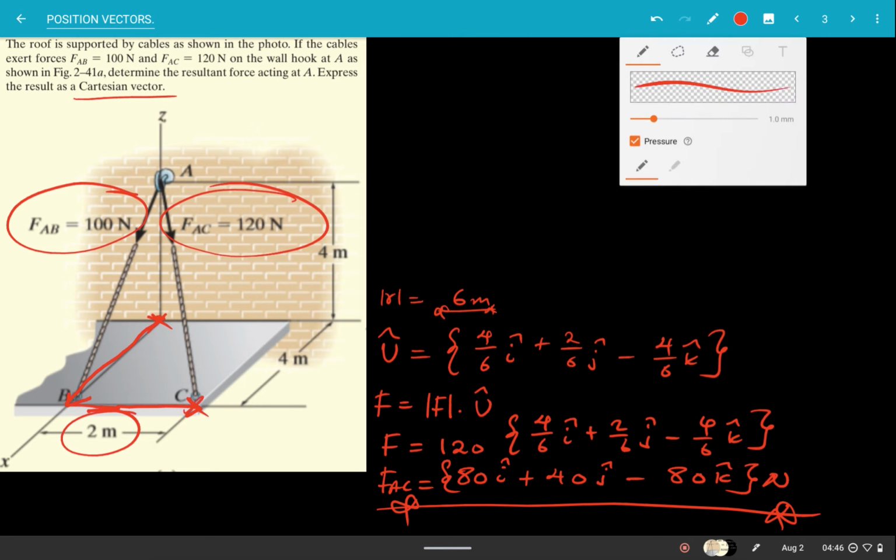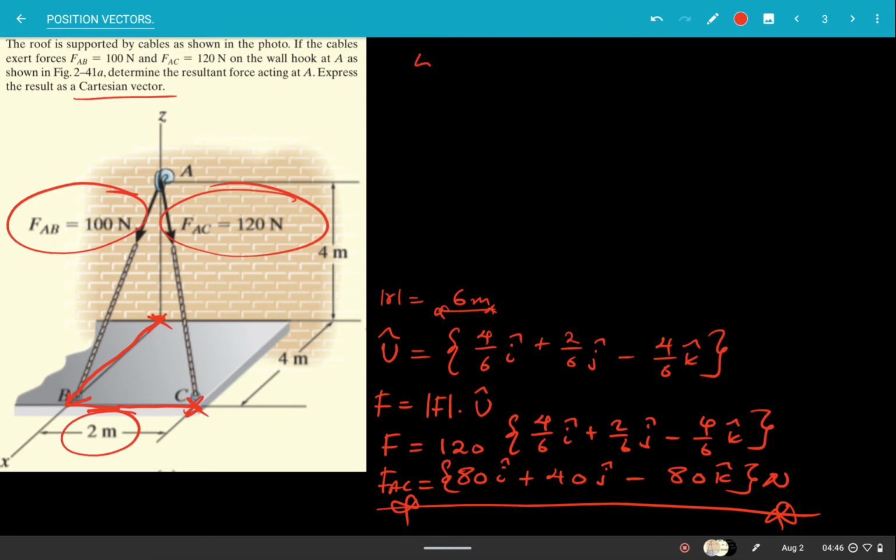I hope the value hasn't... okay, yeah, it's just okay. So we have force AC. Now, just to give you a recall, we found force AB to be equivalent to this. It was 70.67 in the I, plus 0 in the J, minus 70.67 in the K.